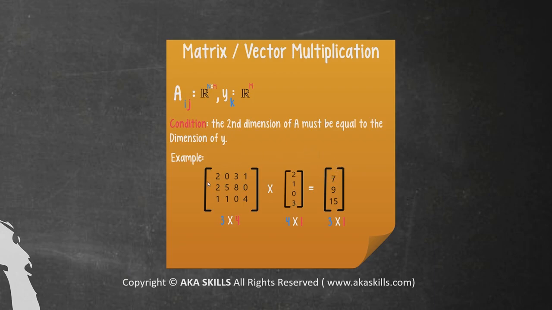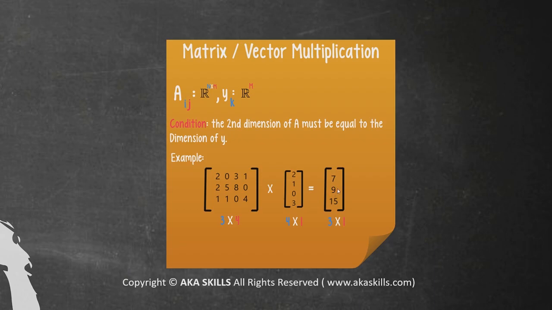Let's go to the second row then. 2 by 2, that's 4. Then 5 by 1, that's 5. And 8 by 0 and 0 by 3, that's 0 and 0. So we have 5 and 4. 5 plus 4 equals 9.